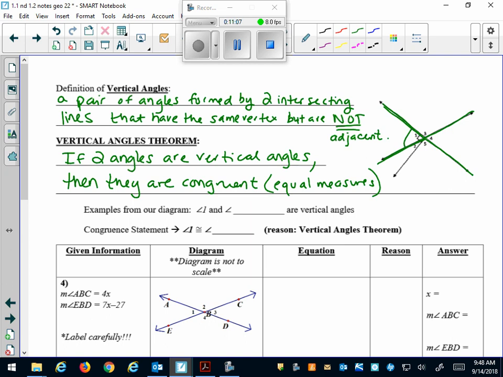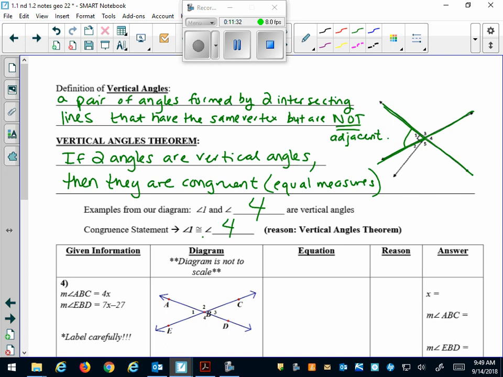It's formed by those two lines. So when you extend those lines, the angle that's formed on the other side is angle 4. So the congruent statement you could write would be angle 1 is congruent to angle 4.